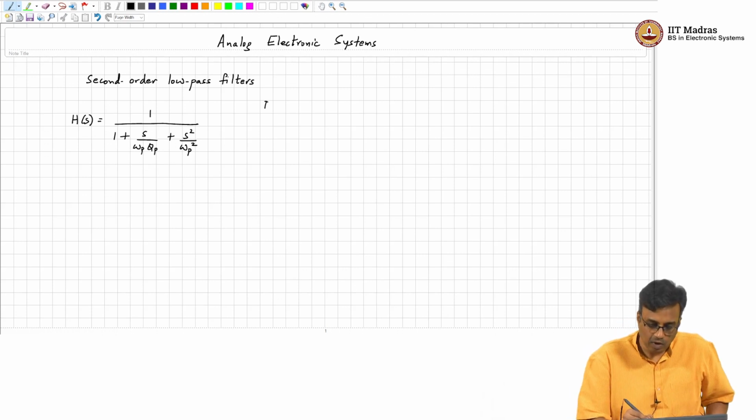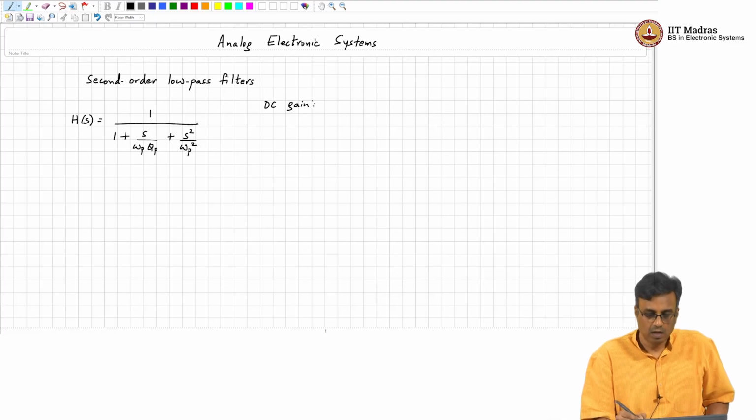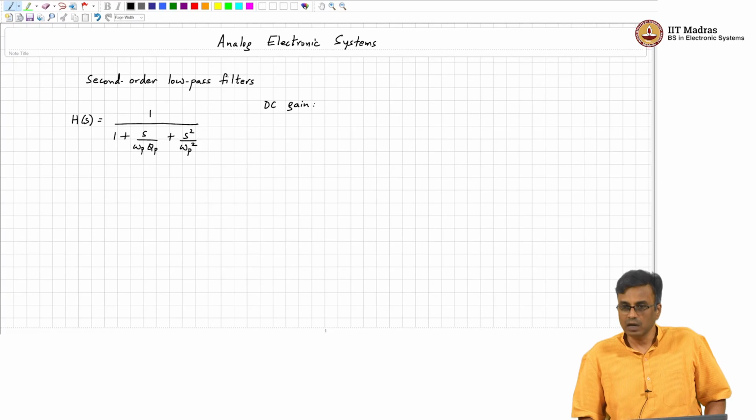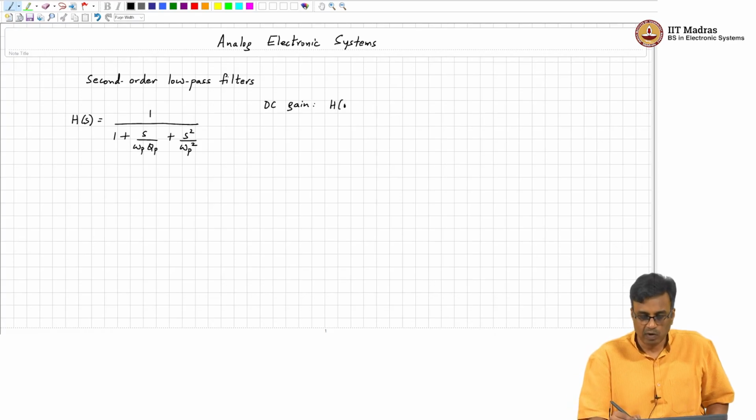The DC gain, what is the DC gain? The DC gain is obtained by simply putting S equal to 0, that's equal to 1.